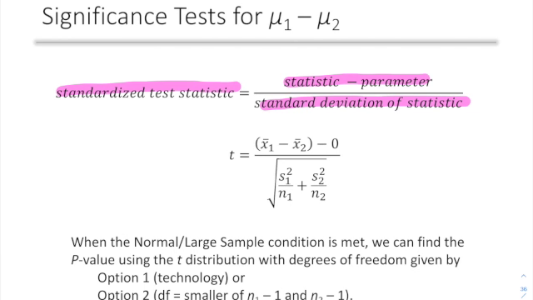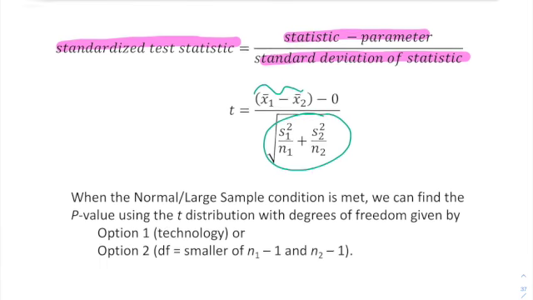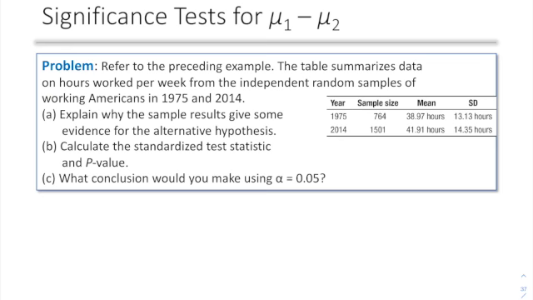So you always have to fill in the appropriate information. Your statistic, again, is the difference of the means from the samples, and your standard deviation of the statistic is that standard error. You can do this with a calculator, or you can do it by hand. And again, degrees of freedom by hand comes from the smaller group, but by technology, you'll get something completely different.